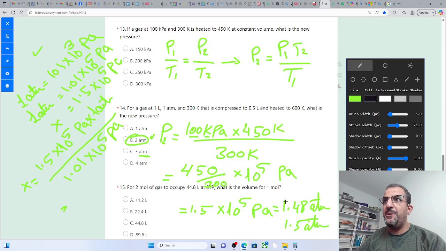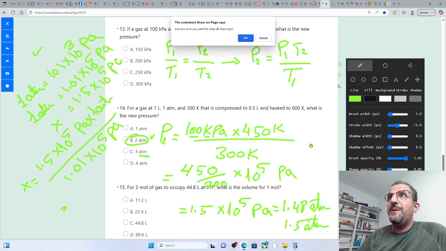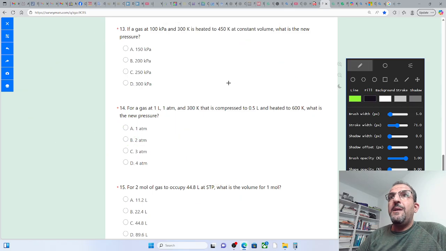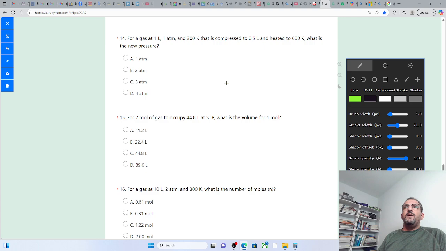Okay, approximately 2 atmosphere. So we just did a simple typo. Instead of multiplying, I just added those numbers. But right now we have the right answer. Okay, so that's great.